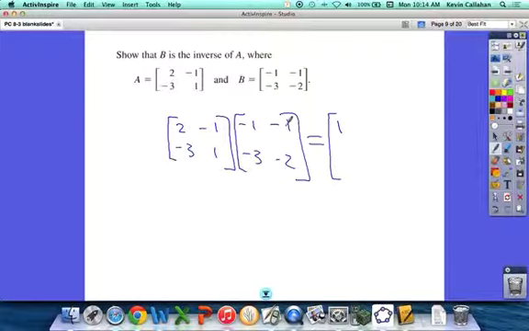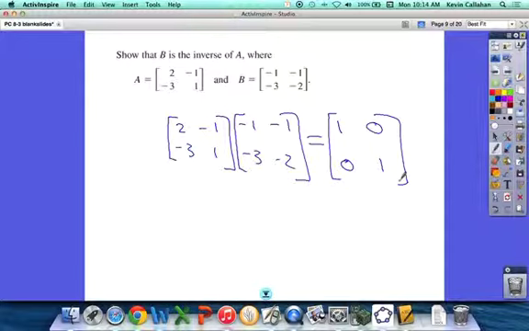That's -2 plus 2, 0. Right? Second row, first column, -3 times -1 plus 1 times -3. That's 3 minus 3, 0. And last, -3 times -1 plus 1 times -2. 3 minus 2, 1.